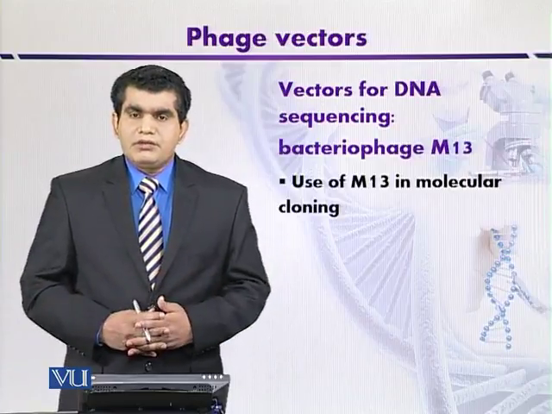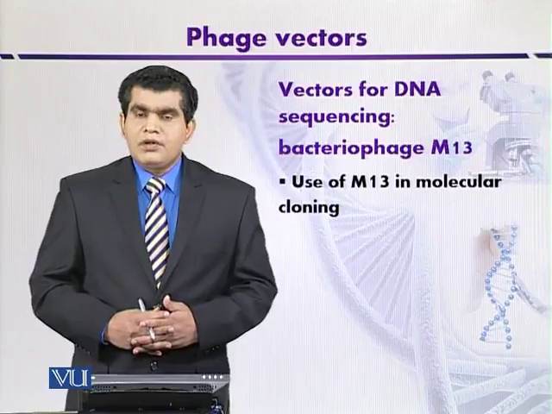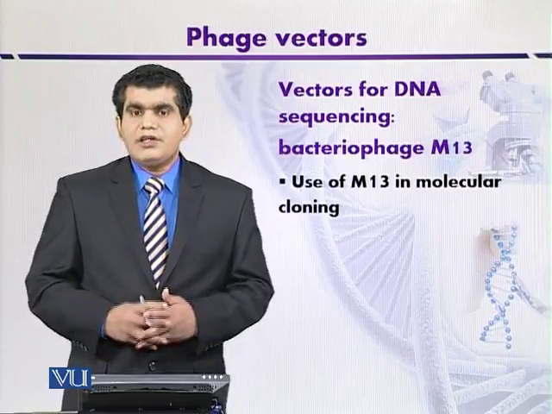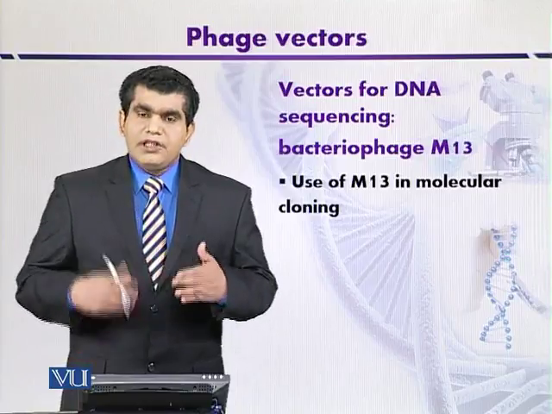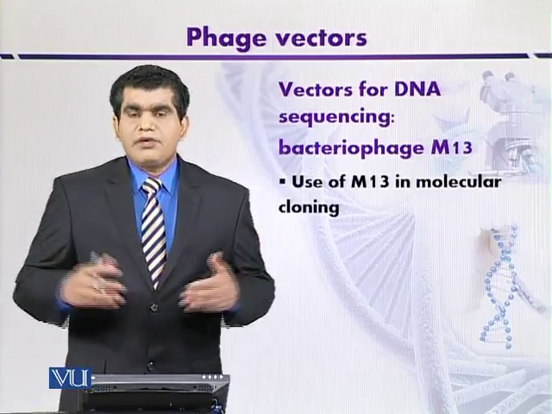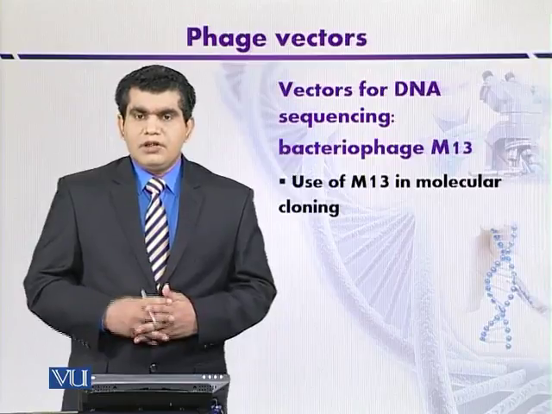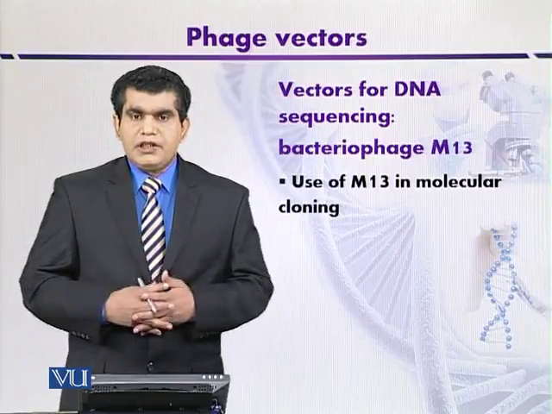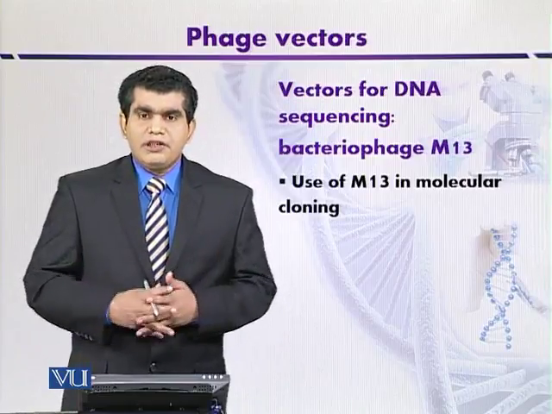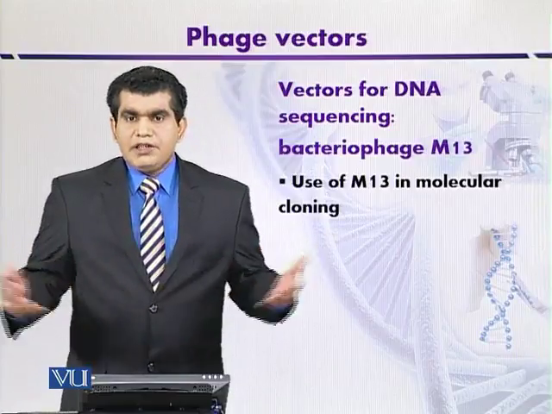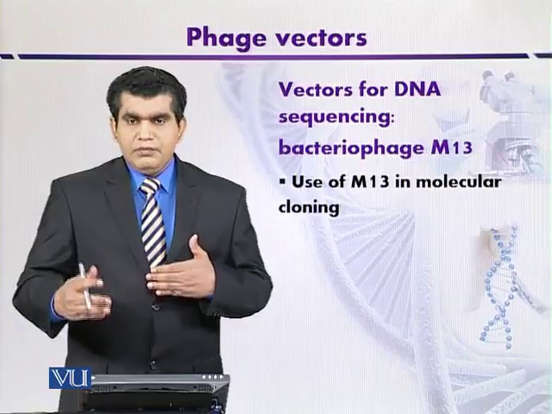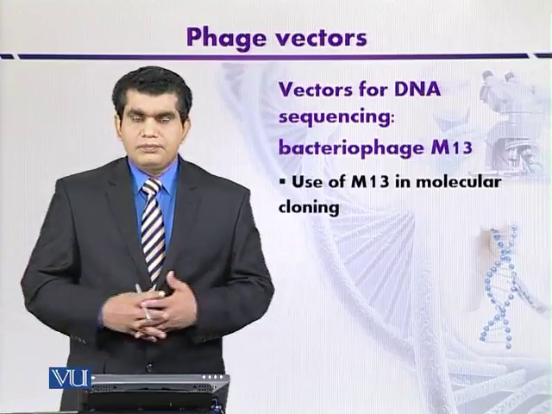Another application is that we can synthesize single-stranded probes that can be used to detect other fragments of the known gene that are present in recombinant molecules. So by using these probes, we can have an idea whether foreign DNA is present or not.